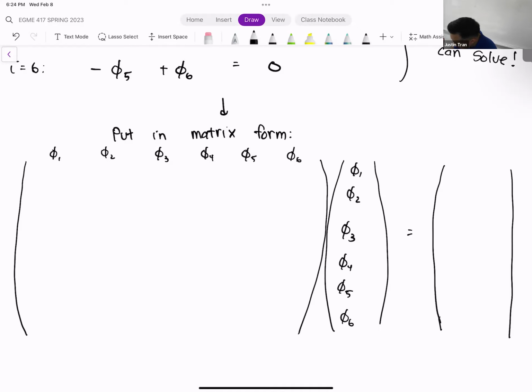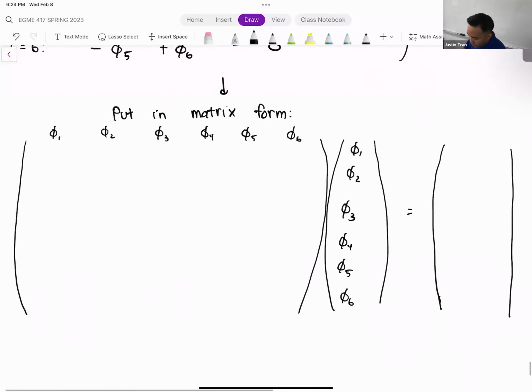All right, so here's our matrix system of equations. Let's plug in the values based on our system of equations here.